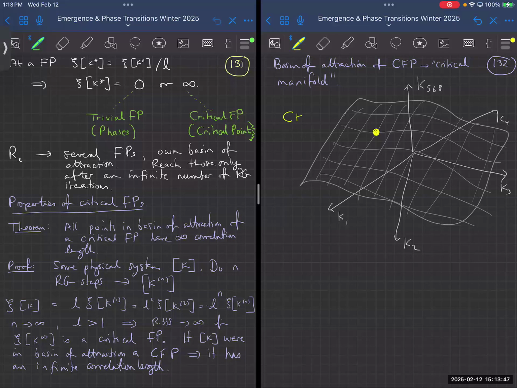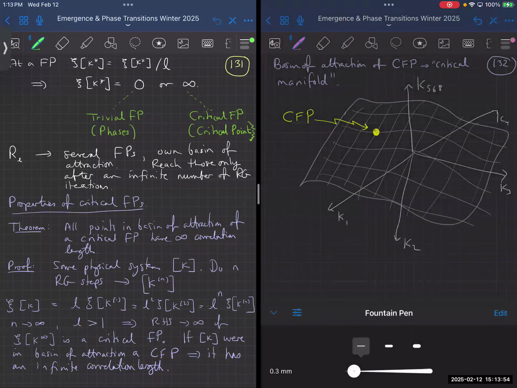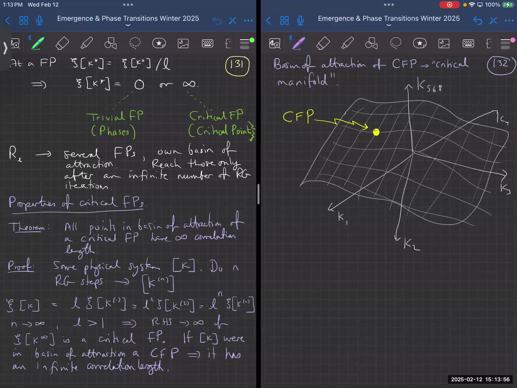So here is that critical fixed point. And then my flows in this space, those flows are, you start off from anywhere in this critical manifold, you do the renormalization group transformation and you flow into here. Okay, you start over here and you do your RG transformation and you flow into here. And you start over here and you flow into here. Okay, so that's what I mean by the basin of attraction.